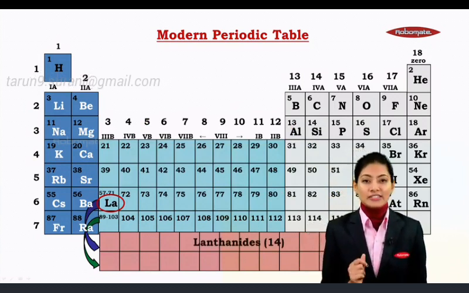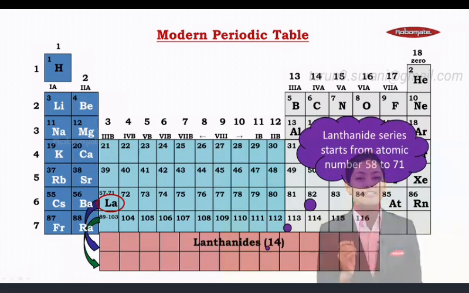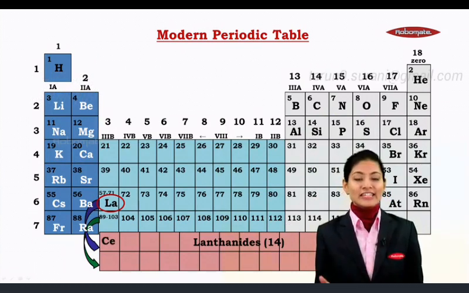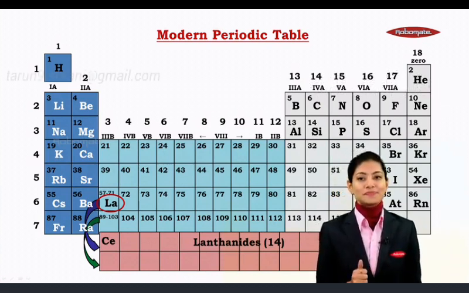This lanthanide series, which includes a total of 14 elements, starts from atomic number 58 up till atomic number 71, wherein atomic number 58 is cerium and 71 is lutetium.